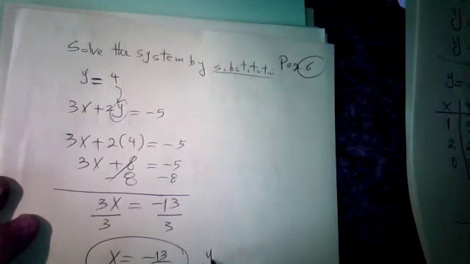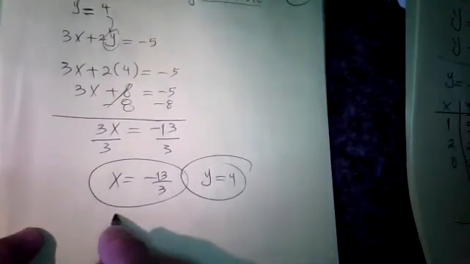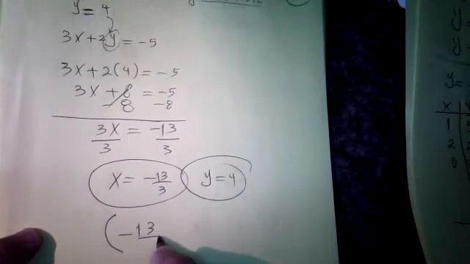Okay, and y is 4. So the point of intersection is this.